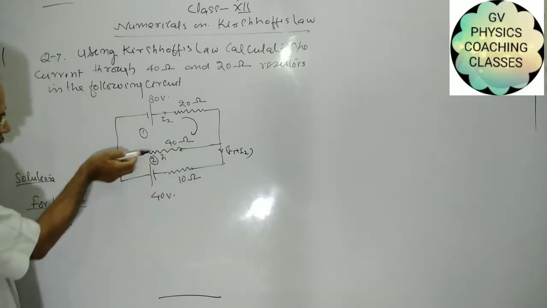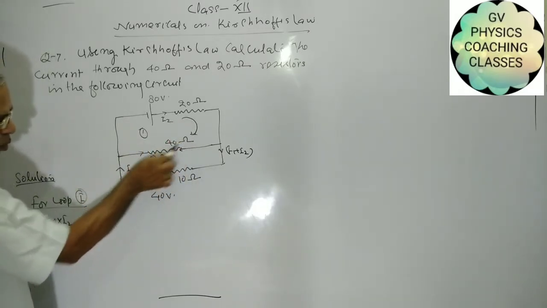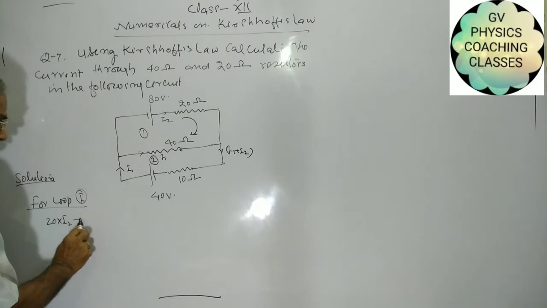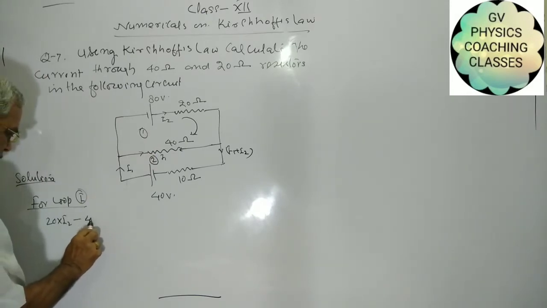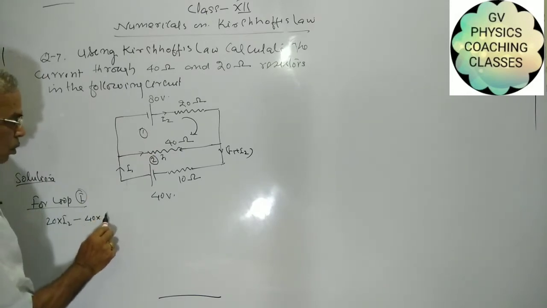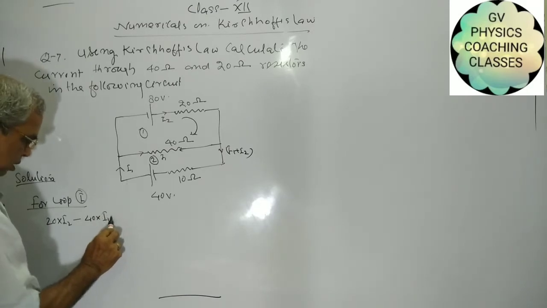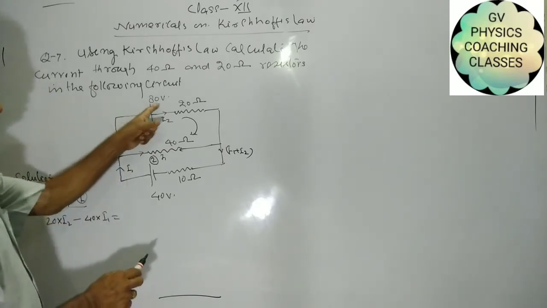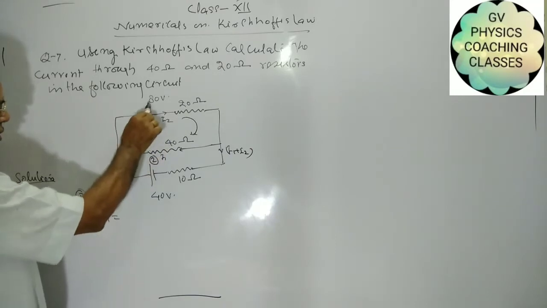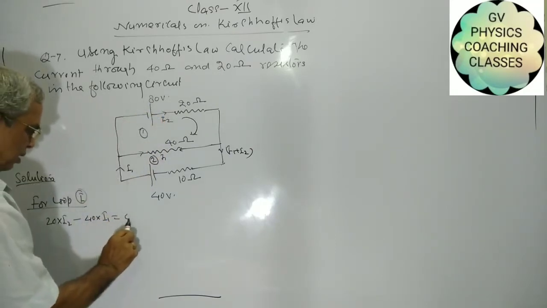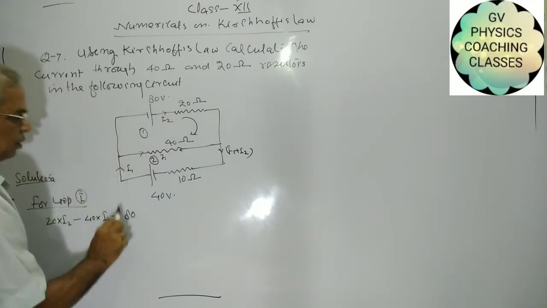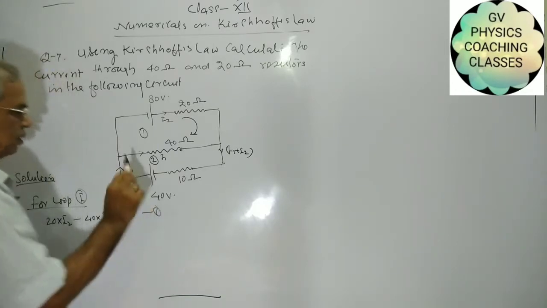This current is opposing this arrow, so this should be taken minus 40 into I1. This is for 80. 80 is the EMF for the first circuit, first loop.